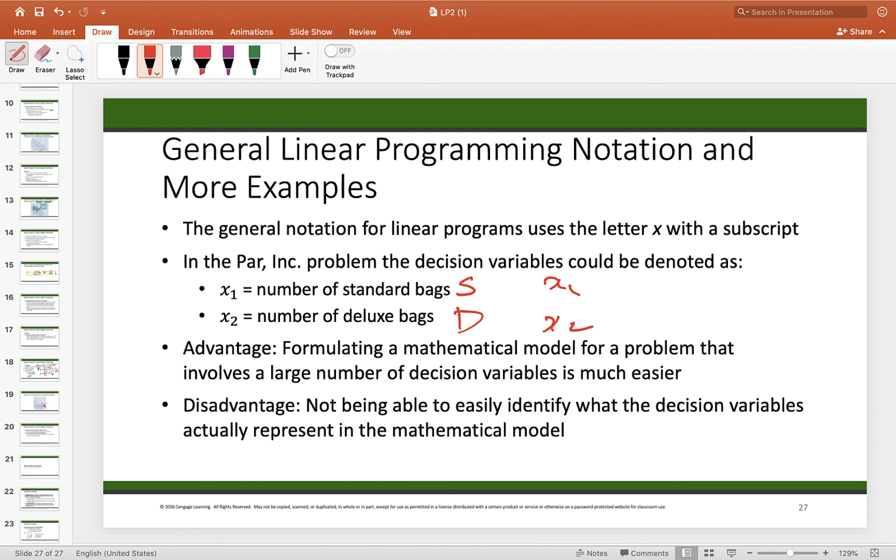Okay, S, and the deluxe bags, okay, D. But if I had 15 or 20 categories, it becomes a bit of a pain to put in an individual letter for them, and there may be things where the starting letter is the same. So some people just prefer to use X1 and X2, but the disadvantage of using X1 and X2 is that it's harder to identify what the decision variables actually represent in the mathematical model.